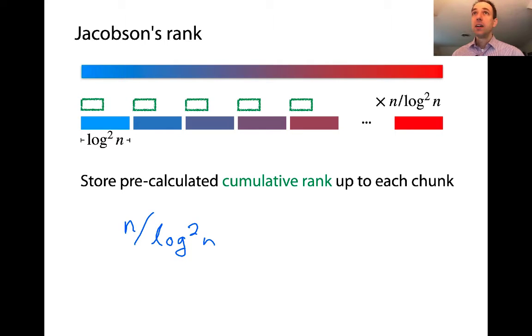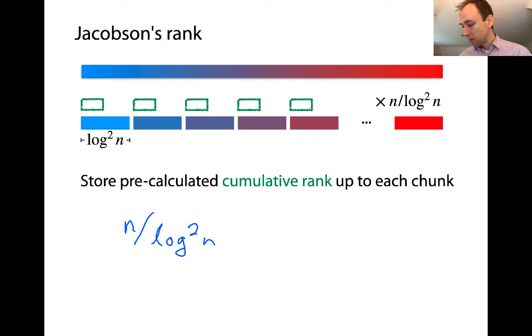Well, if we're not making any assumptions about how many ones there might be in this bit vector, the bit vector might, for example, be very, very dense with ones. It might have many, many, many ones. Then in general, the number of things we're counting to go into this cumulative rank can approach n. It can get up to almost as high as n.